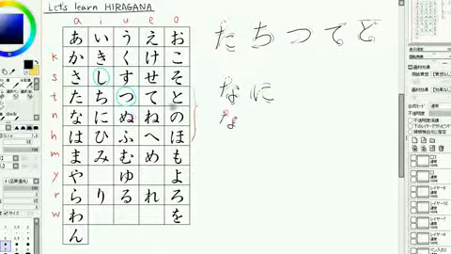All right, nu. Okay, nu is a little bit difficult. First, you start from this line that is curving this way and going diagonal, and you stop here.